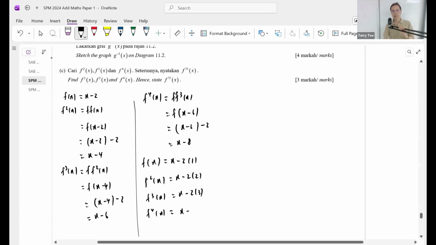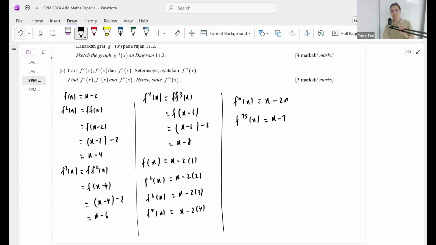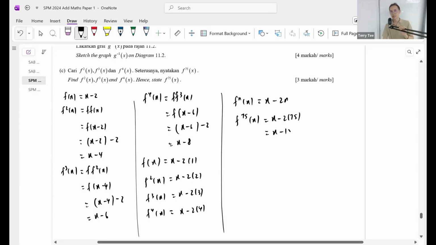Making conclusion by induction. So we can say f^n(x) is x minus 2n. And if you want to find f^75(x), you take x minus 2 times 75. 75 times 2 is what? 150. So f^75(x) is x minus 150.